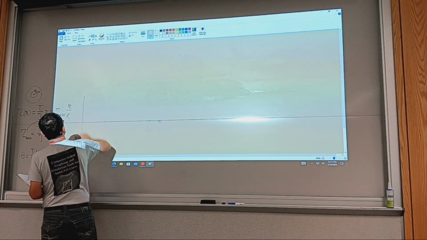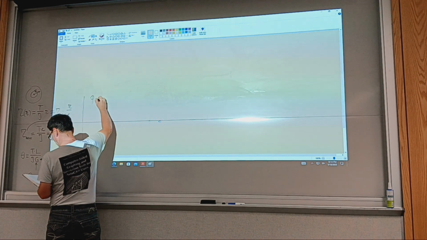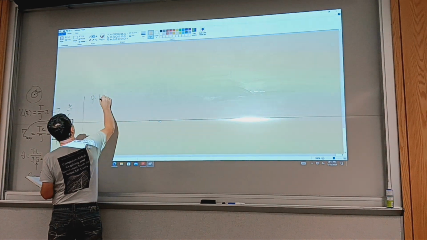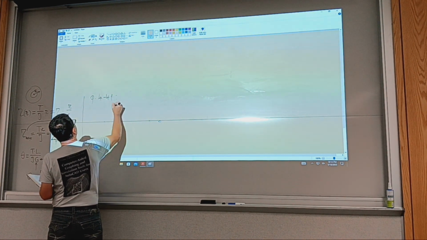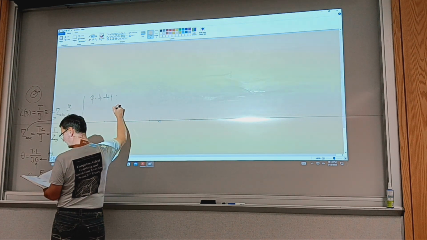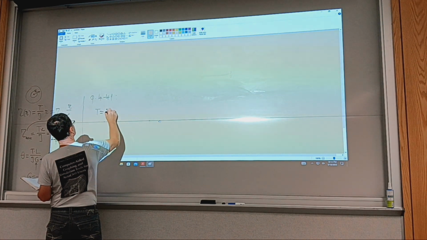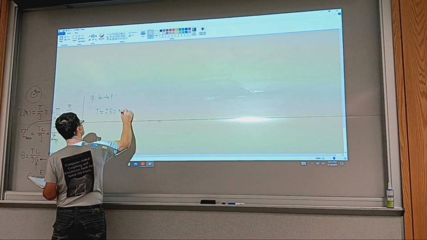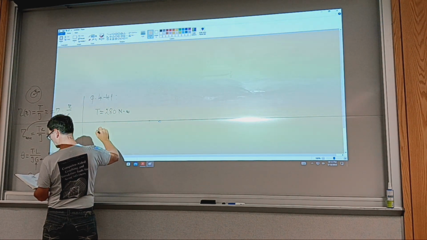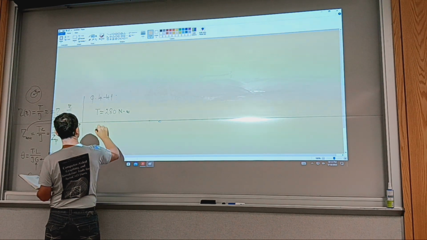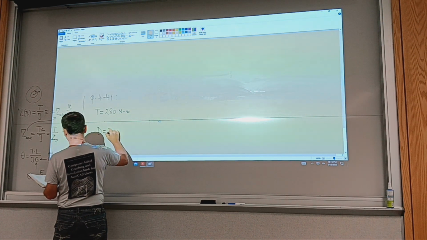So we have a torque of 280 Newton meters, and the shaft diameter D is 20 millimeters.